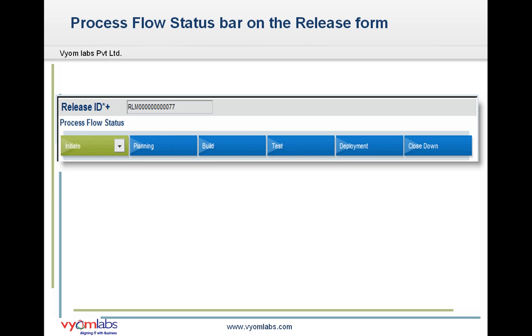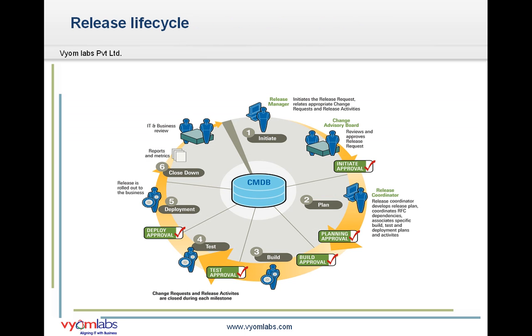For example, when I say I have completed the initiate milestone, that means I have successfully created a release request that has been approved by the CAB, my Change Advisory Board. So this is the release request lifecycle, where we can see the different milestones: initiate, plan, build, test, deployment, and close down, and the various approvals which we can configure in between these milestones.